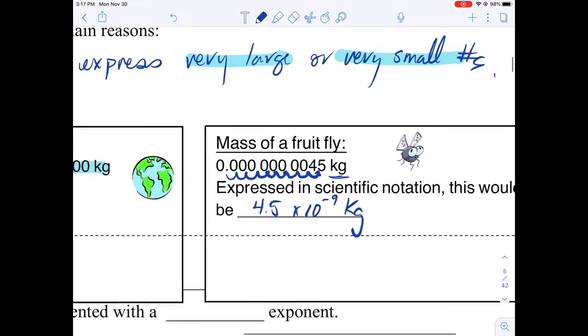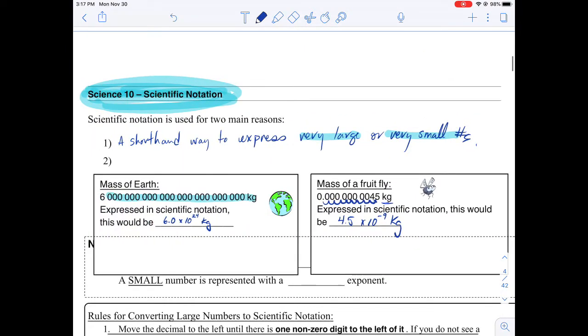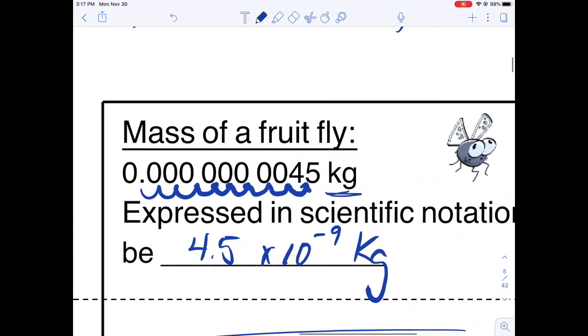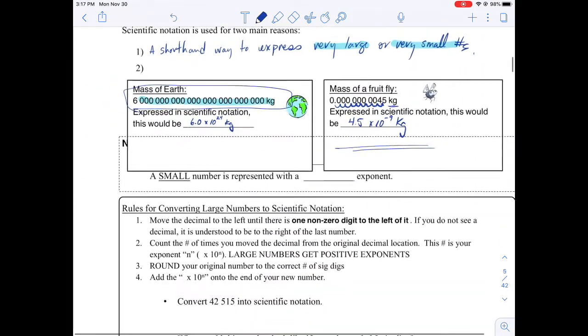And the negative value here expresses that this is a small amount and that those are decimal places that are to the right of 1. And then here, these zeros are creating a massive number, and so they get a positive. So it's 10 to the positive 24. Over here, it was times 10 to the negative 9.